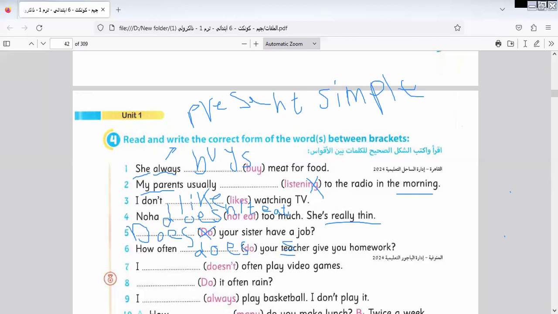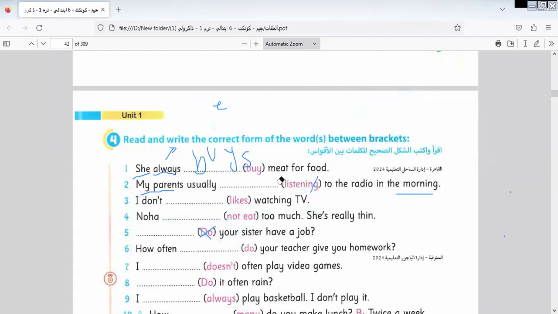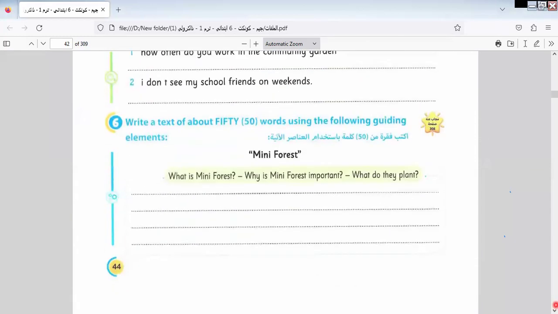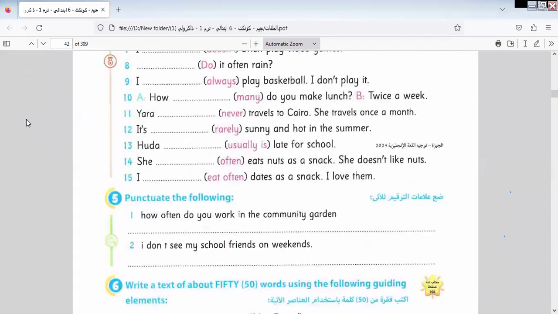Okay, let's go to another question here. Here we have a punctuation exercise. Let's answer this together.